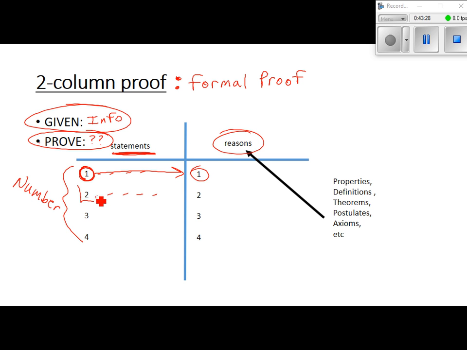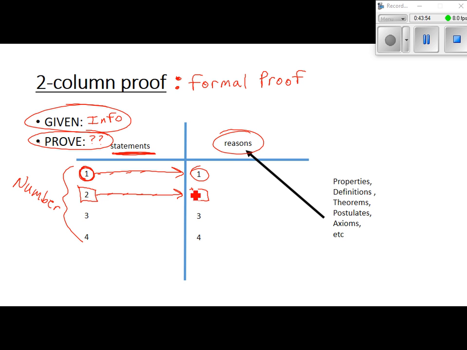I know statement 2 matches up to reason 2. They won't always have just 4 steps. It could be 3 steps, it could be 5 steps, whatever. It could be however many it takes to make your argument.